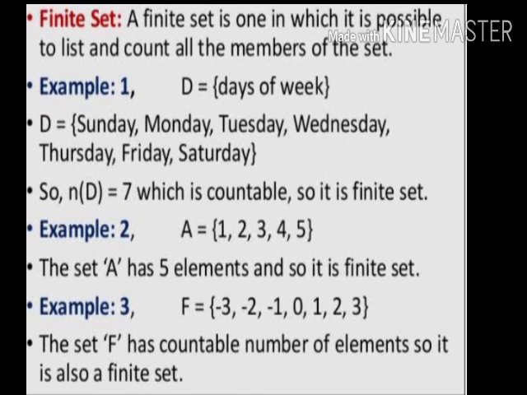So, this set is a finite set. Listen, A = {1, 2, 3, 4, 5}. So, the set A contains 5 elements, and so it is a finite set. So, finite means it is possible to list and count all the members of the set.